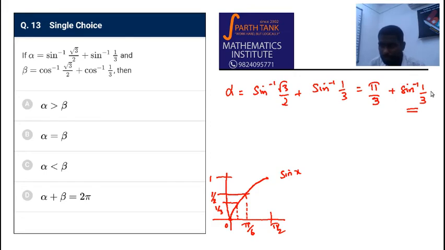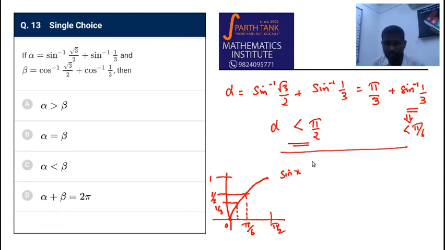Therefore, this angle is less than 30 degrees. So alpha is pi by 3 plus an angle less than 30 degrees. If it is 60 plus 30, it would be 90, but it is less than 30, so alpha should be less than pi by 2. Did you get this idea? Because this is going to be less than pi by 6. So we know alpha is less than pi by 2.